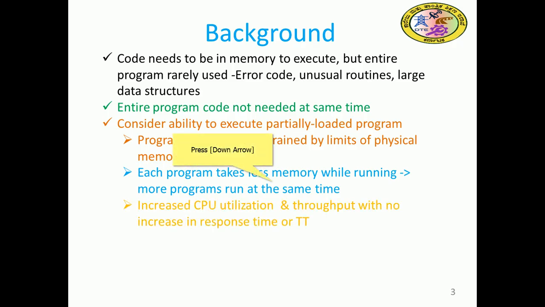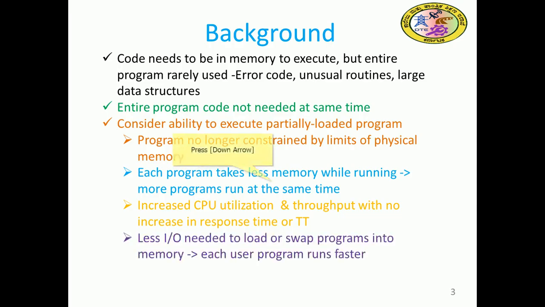This gives increased CPU utilization and throughput, with no increase in response time or turnaround time, right? Less I/O is needed to load or swap programs into memory, so each user program runs faster.